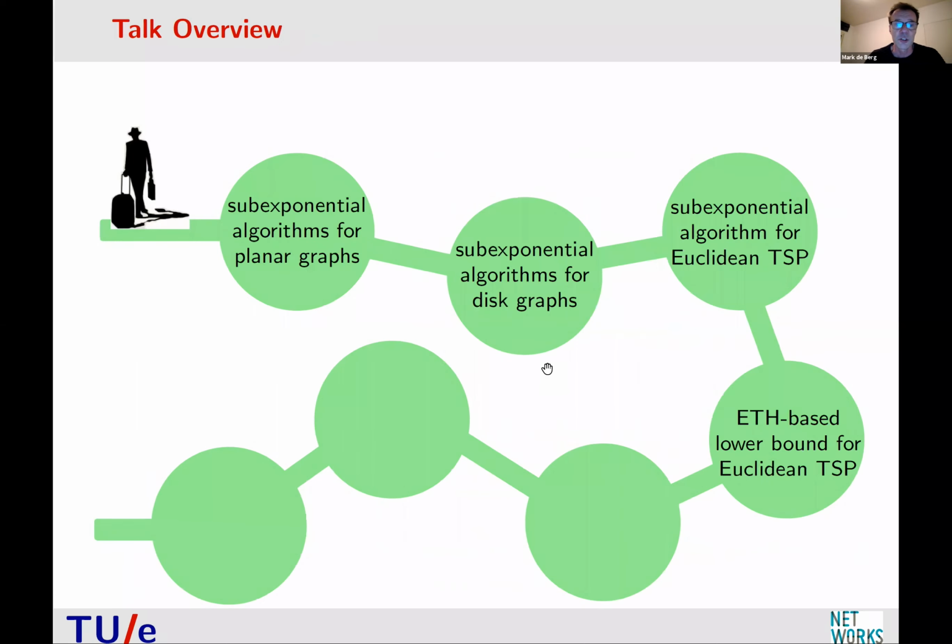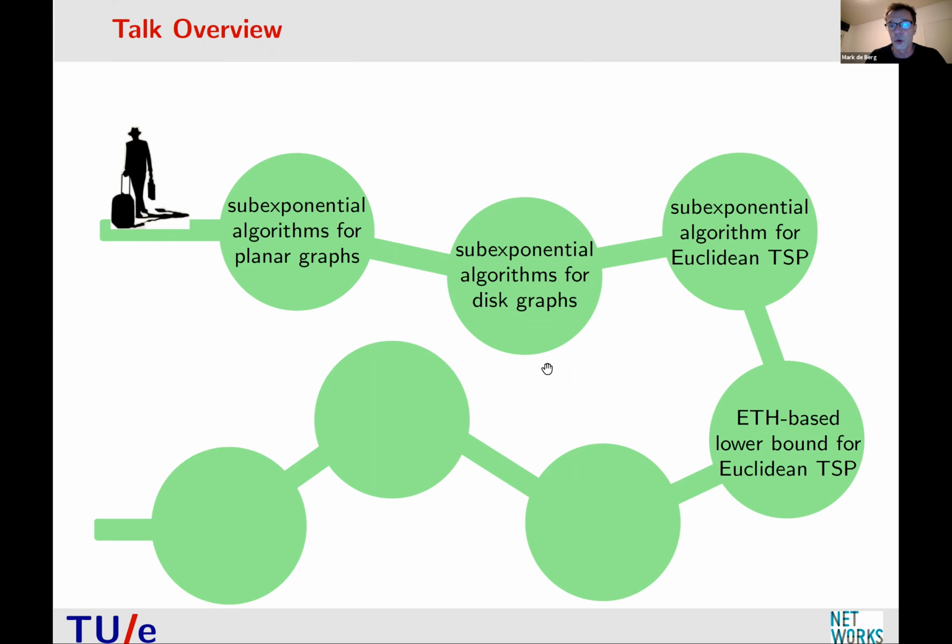Okay, so that was my mini introduction to the complexity theoretic background of what I'm going to tell you. So for the rest of the talk, here you see the outline. First I'm going to talk about sub-exponential algorithms for classic problems on planar graphs, and this is all relatively old.